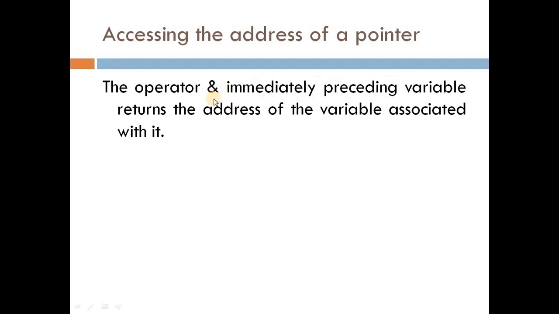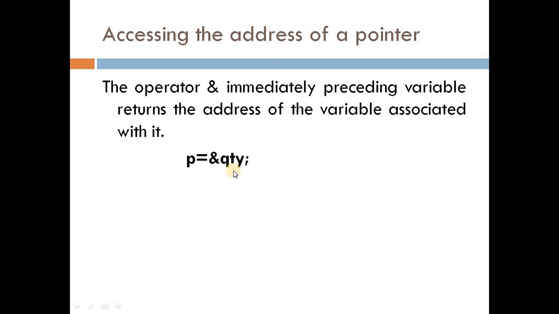So when we attach this ampersand to a variable, we will get the address of the memory where that variable has been allocated. For example, if we take P is equal to ampersand quantity, when the compiler reads this statement, it will understand that P is a pointer variable and it is going to store the address of quantity.